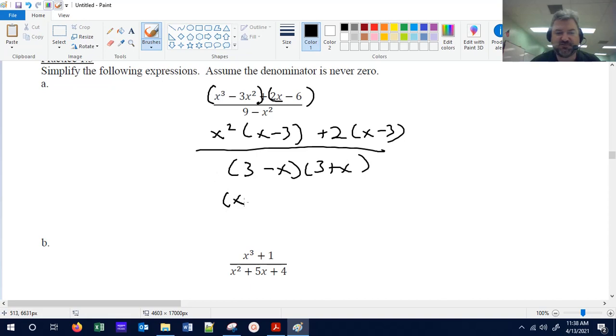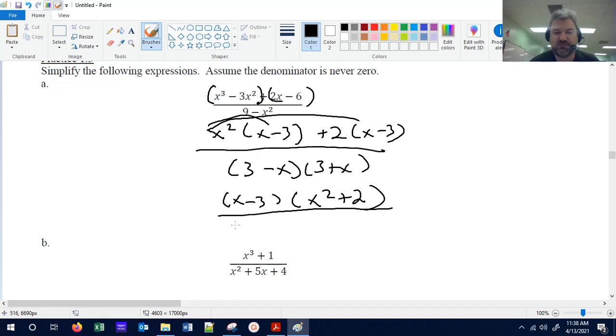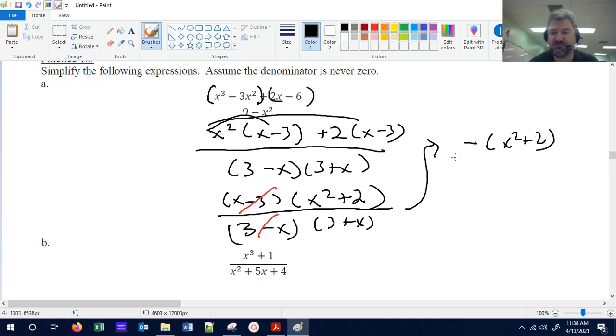So when I factor out x minus 3 from the top group, I get x minus 3 times x squared plus 2 over 3 minus x, 3 plus x. Now, did you remember what these opposite factors reduce to? They reduce to negative 1. So this is negative x squared plus 2 over 3 plus x.